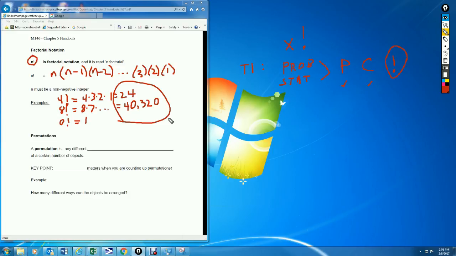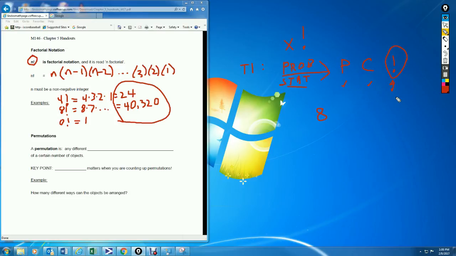So you probably need to enter the number first. So for example, enter the number 8 and then go into the menu and select the exclamation point and then hit, I don't know, whatever you got on your calculator. If it's just equals or enter, I'm not sure.